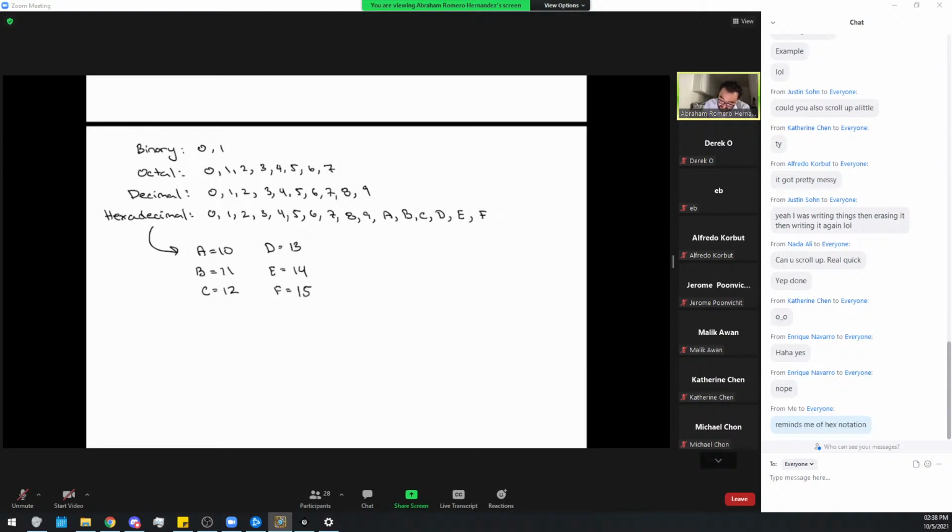So pretty much hexadecimal is base 16. I really don't know why it's A, B, C, D, E, F.